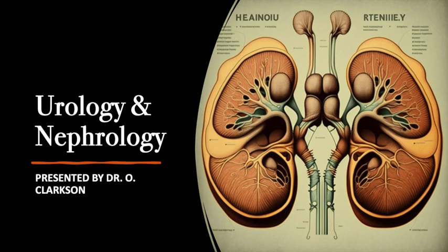So it could be like a nephritic or a nephrotic type syndrome. And so here's a good summary of everything that you would see on a urine analysis. Again, leukocyte esterase, nitrites, leukocytes, that would all indicate UTI. Urobilinogen, bilirubin would be liver issues, et cetera.